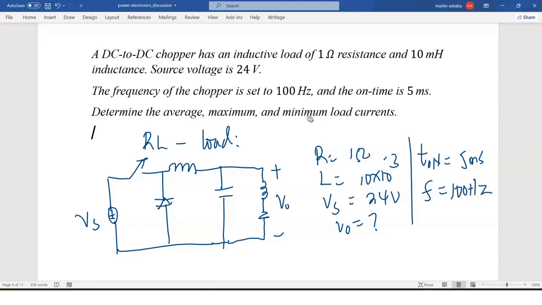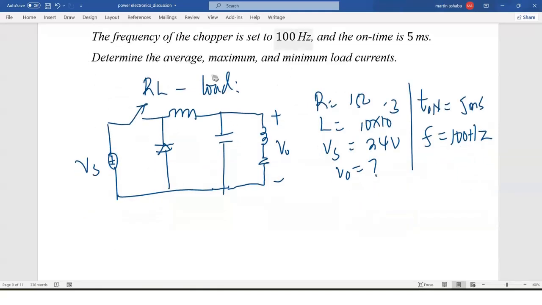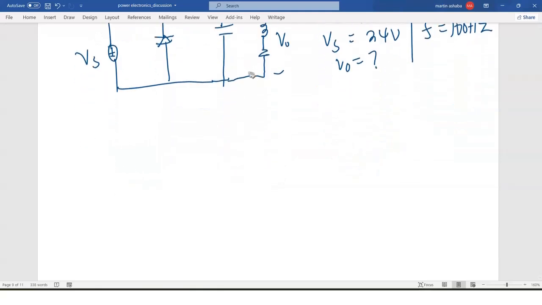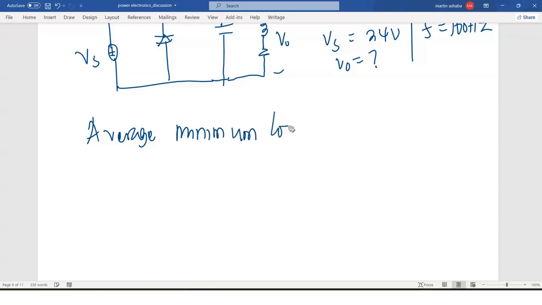So what does this call us to get? We are supposed to get the average, maximum, and minimum load currents. So we begin with the minimum load current, I naught min.